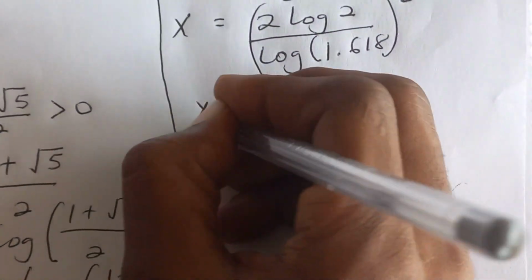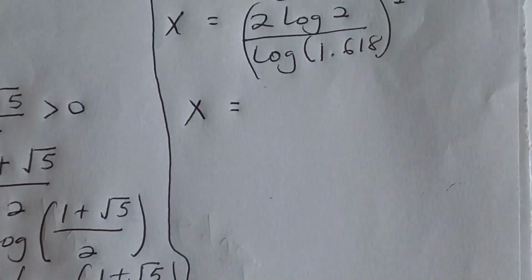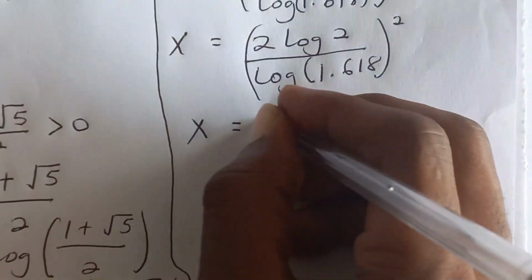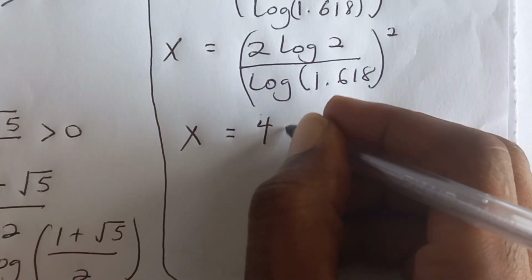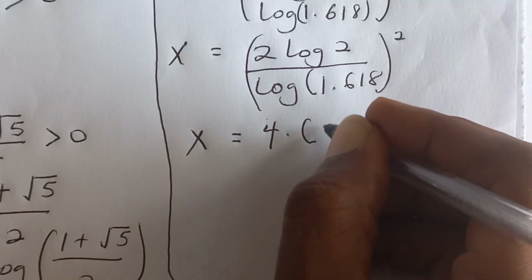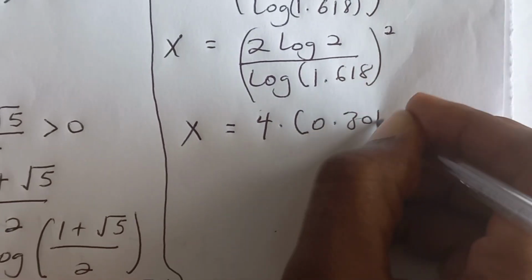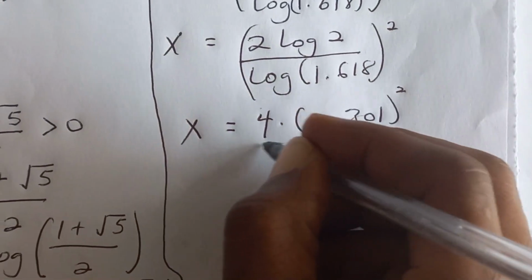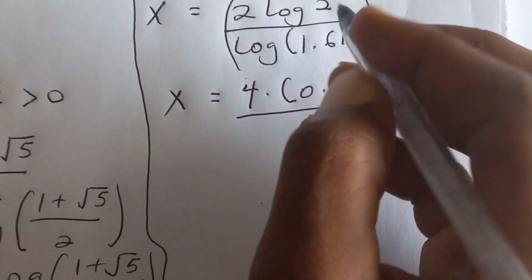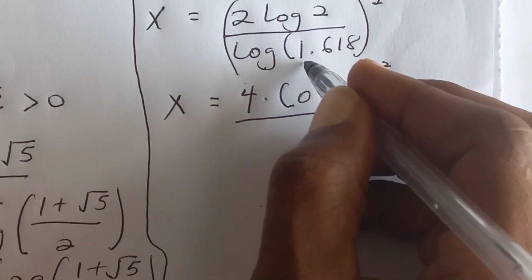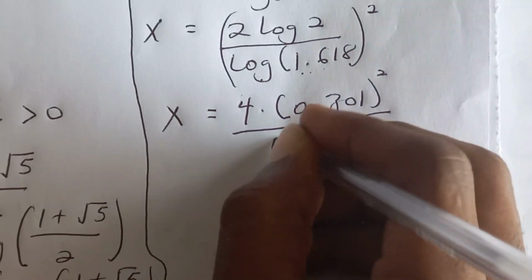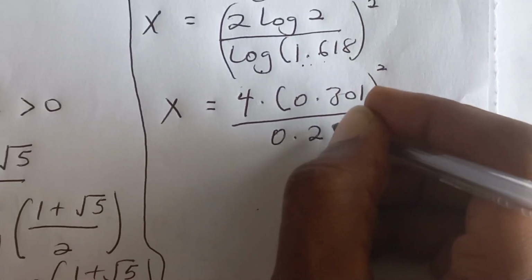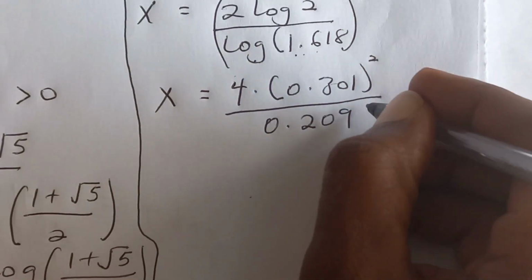So we say that x is equal to, now 2 squared is 4, and then log 2 is the same as 0.301, all squared, all over log 1.618, which is the same as 0.209, all squared.